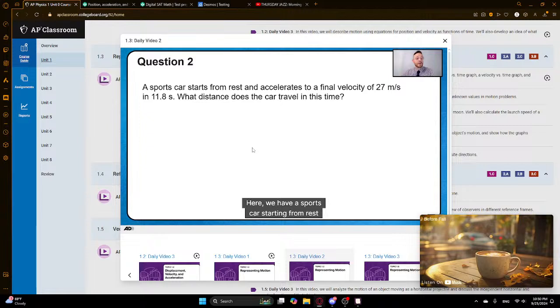We got acceleration, we're trying to look for the distance. And there is nothing on distance on here, what the heck? What distance does the car travel in this time?